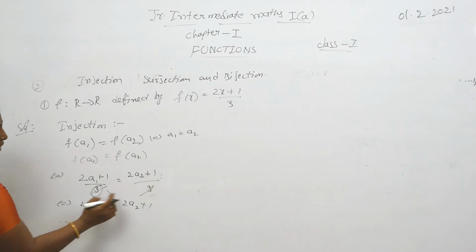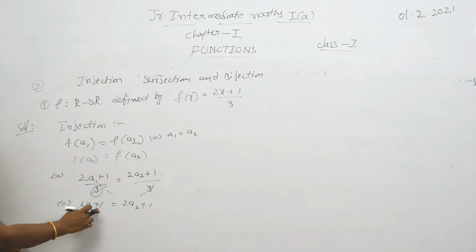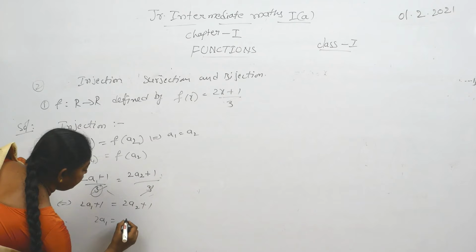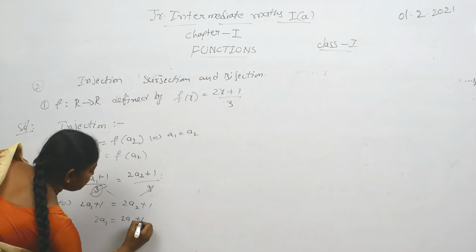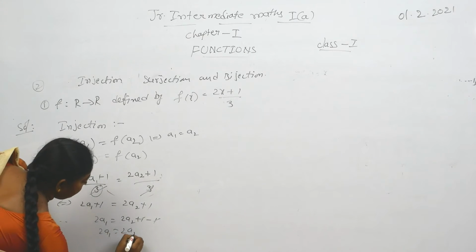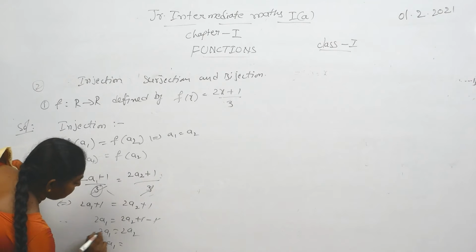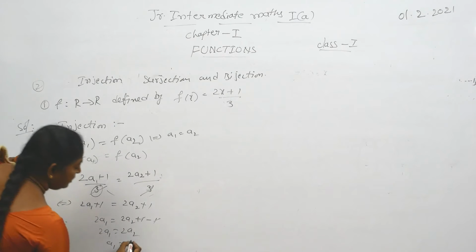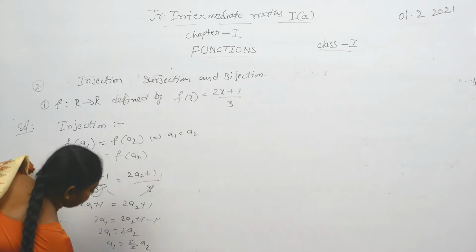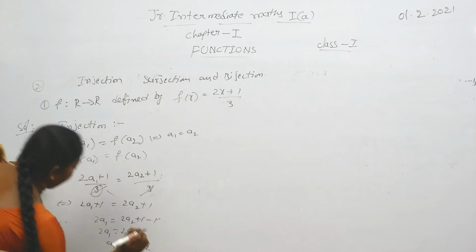Here 1 is transposed to that side, plus becomes minus, so 2a1 equal to 2a2 plus 1 minus 1, which gets cancelled. So 2a1 equal to 2a2. So a1 equal to 2a2 by 2, the 2 gets cancelled, so a1 equal to a2.